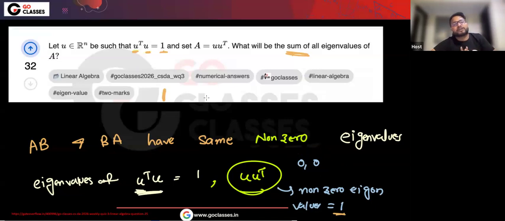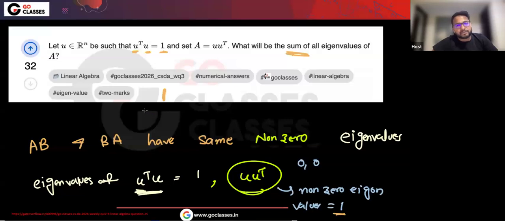Actually, a similar kind of question has already been asked in GATE. I just flipped this question, and a similar kind of question was actually asked in one of the interviews in IIT. One of the IIT professors asked this question to a GO Classes student, Abhishek Solanki, I think in GATE 2023.